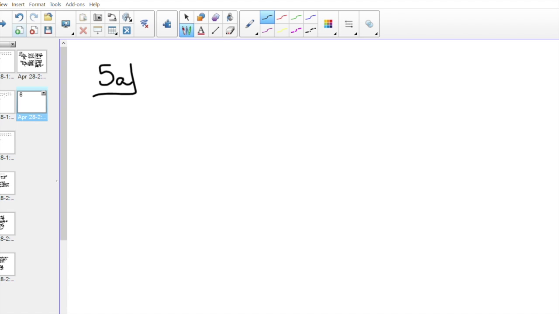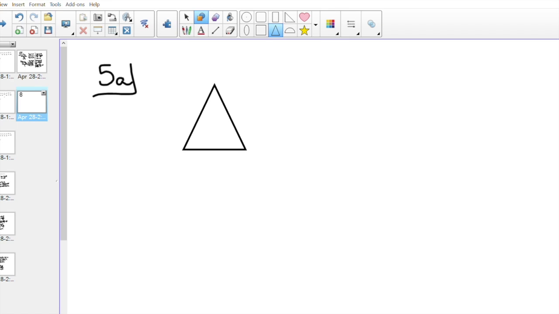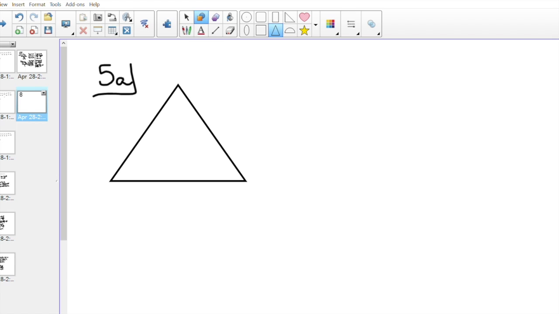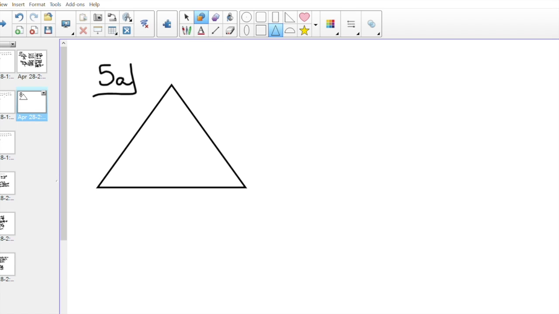It says, find the length of the altitude of an equilateral triangle. Now, if you know about an equilateral triangle, all 3 sides are congruent. So you draw the altitude, and what that altitude does, it makes a right angle here.